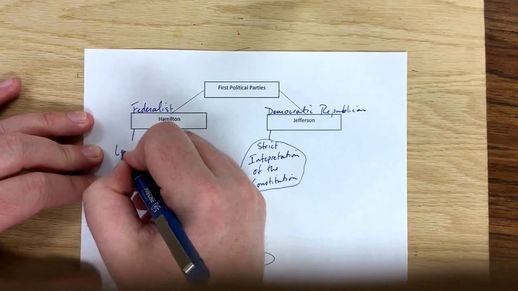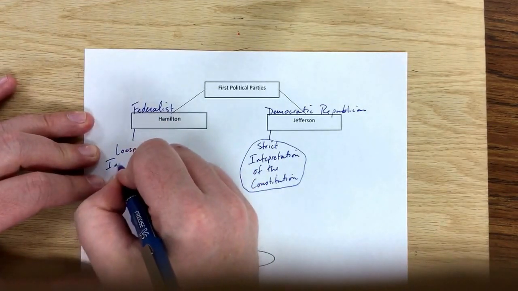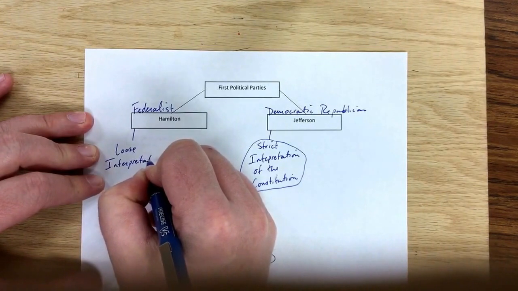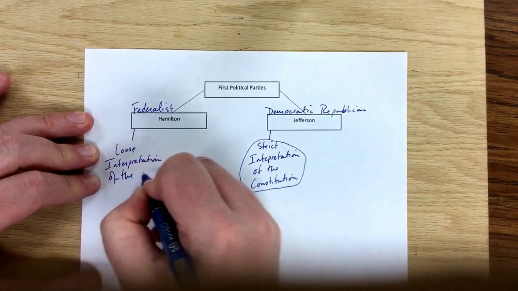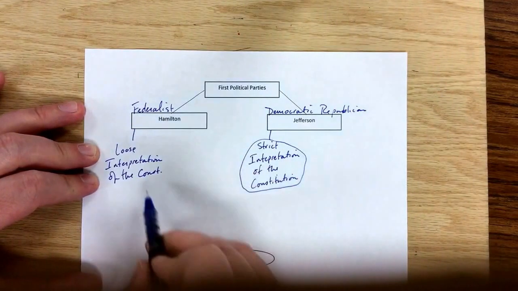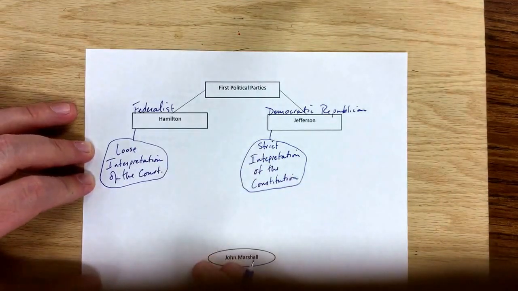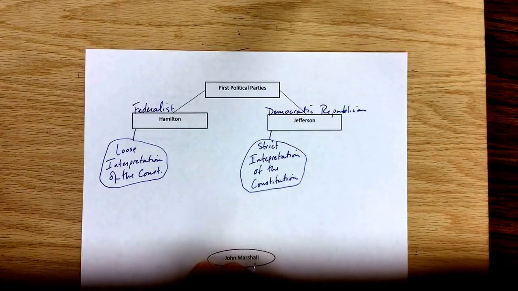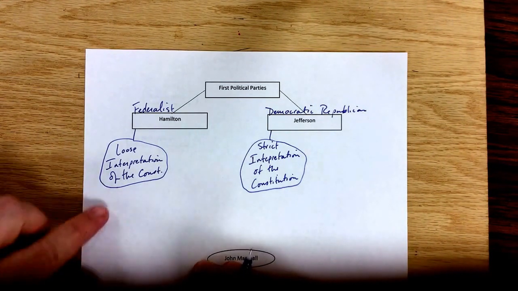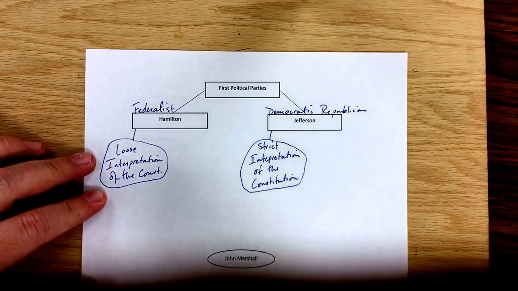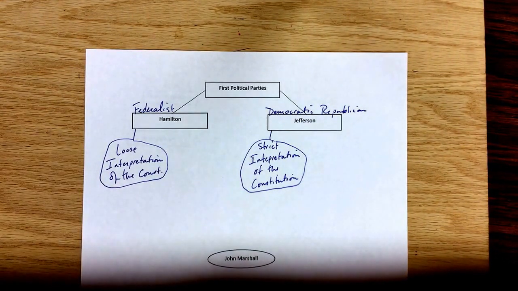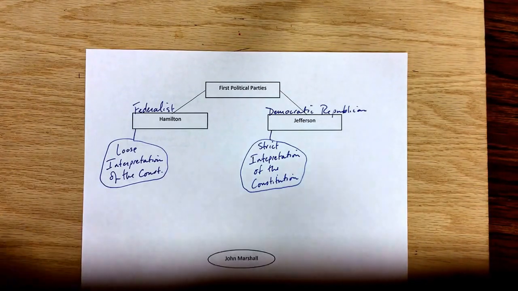The Federalists wanted a loose interpretation of the Constitution, and I'm abbreviating Constitution, C-O-N-S-T, like that. So the Constitution may say this, but we can take that to mean something else. We use the necessary and proper clause, an elastic power catch-all that we can move and stretch to fit whatever we need.